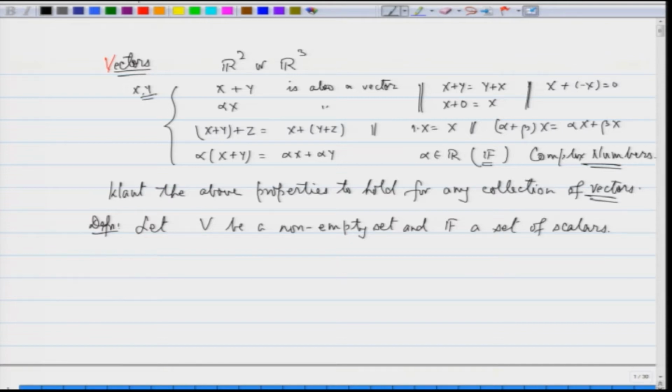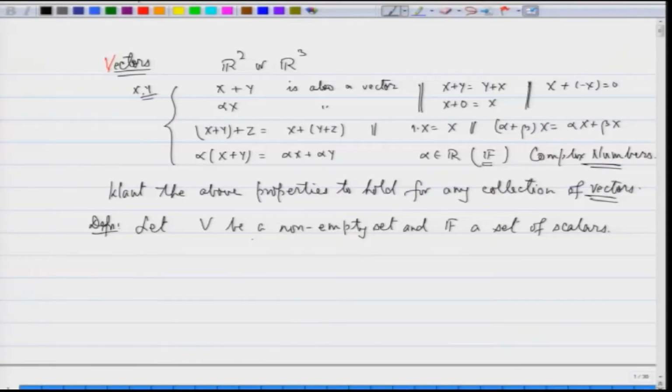Remember, scalars could be real numbers, complex numbers, fine. It could be rational numbers. It could be Zp. If you remember Zp, we had computed Z5. It could be Zp, p a prime number, fine, and a generalization of those ideas. But mostly we will be looking at real numbers and complex numbers, fine. But it could be anything. All right. So let V be a non-empty set and F a set of scalars.